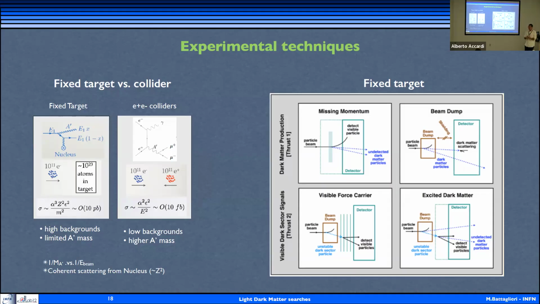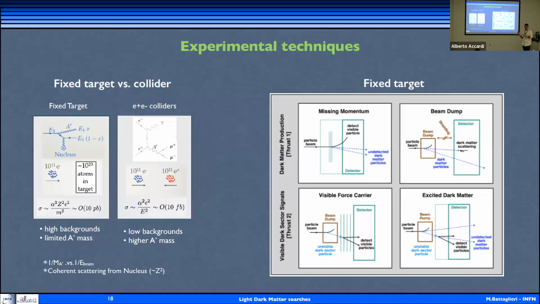If you are sure that the efficiency of your detector is well under control, then you can say, I produced something that flew away, that didn't interact as I'm expecting. Even better if you do the same thing, but measuring the momentum rather than the energy. It's even more precise. I'm expecting to see some momentum in a certain direction, and I see a particle that goes in a different direction and say, okay, maybe some of this momentum was lost along the way, producing another particle that I'm not detecting.